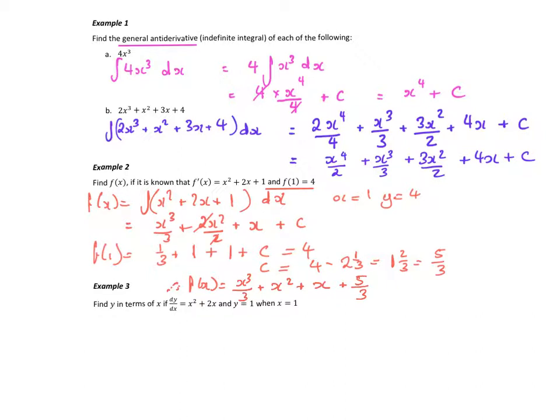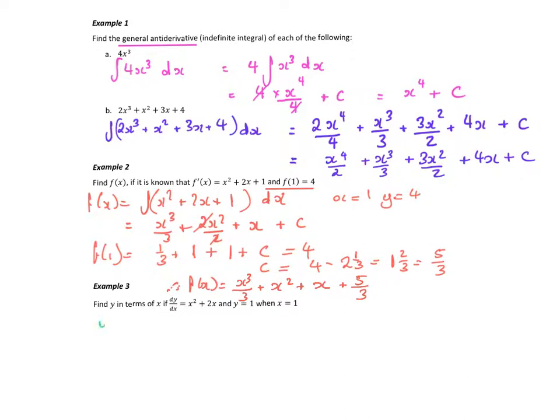Last one, finding y in terms of x, if dy/dx is equal to x squared plus 2x and y is equal to... So this question is actually asking exactly the same thing as the one above. It's just written differently. So we're looking for y, and we've got dy/dx.